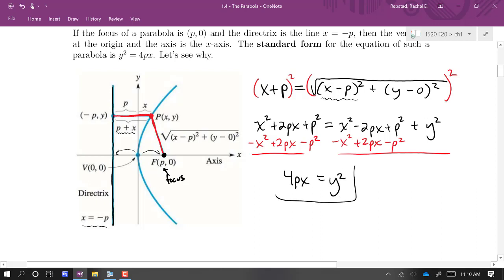This is the standard form of a parabola that's oriented horizontally. You'll notice it's got its vertex at the origin, and it opens to the right. This is the standard form for a parabola that opens to the right or to the left, that has its vertex at the origin.